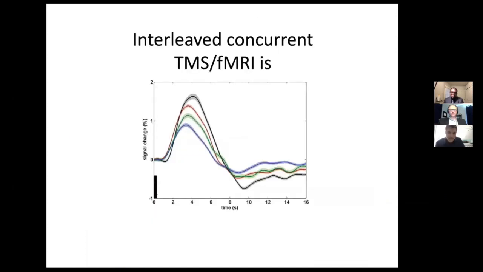What we do in my lab is interleave TMS with functional MRI recordings. The way this is made possible is that an fMRI response to any event is actually fairly slow. You're not getting the peak of that fMRI response until several seconds after any event in the scanner. That allows us to apply single pulses of TMS and then start the subsequent recording of the signal, and we're able to capture what that TMS pulse does throughout the brain.